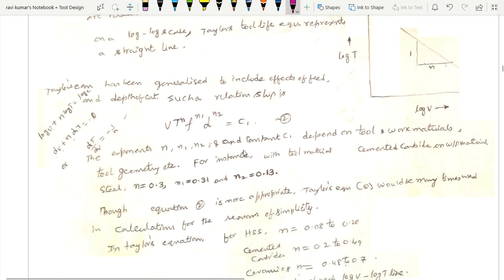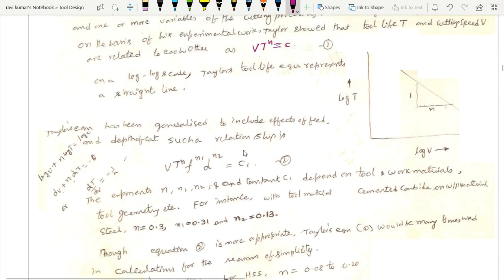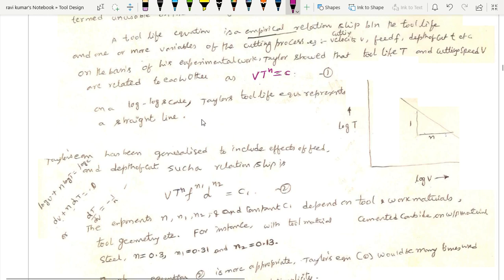One should understand that this relation can be modified by including some more parameters, such as n1, n2 and f d. F stands for the feed rate, D stands for the depth of cut, C a new constant. However, for the basic requirements, most of the time V t power n is equal to constant is sufficient.